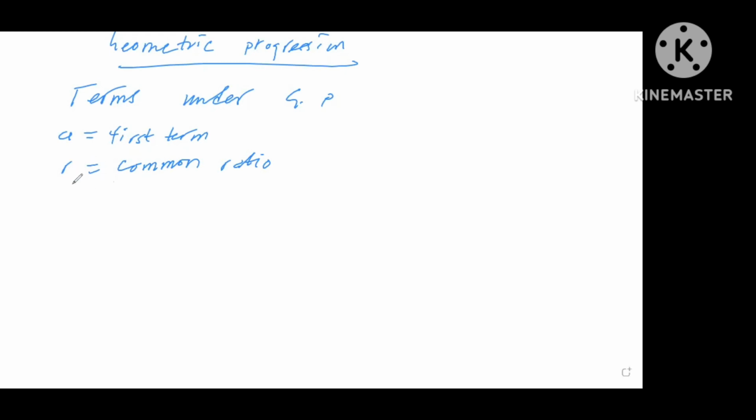The formula for common ratio is R is equal to T2 divided by T1. Then the nth term is given by Tn is equal to A R to the power n minus 1. This is the formula that we use for the nth term.